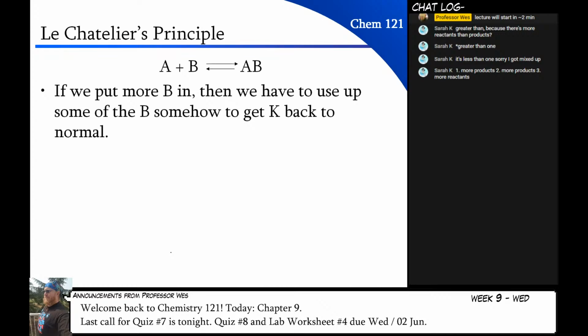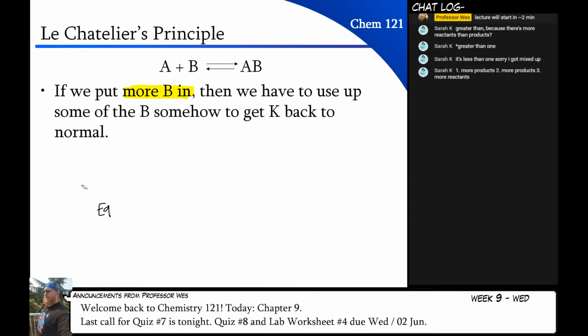So let's suppose that I have my system at equilibrium, and then I put more B in. So my system is at equilibrium, and I have some amount of reactants. Oops, I guess I should call these A and B. How I drew this makes no sense, I just realized.